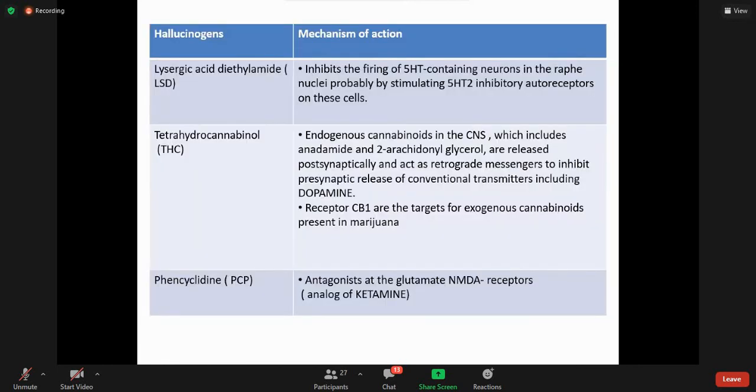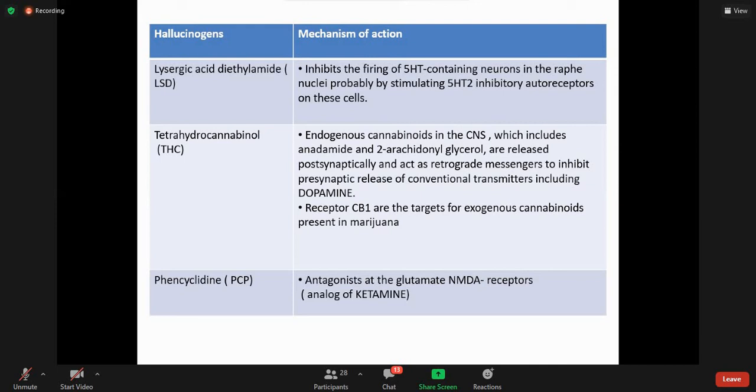So lysergic acid diethylamide, also called LSD, produces its activity by inhibiting the firing of 5-hydroxytryptamine containing neurons in the raphe, probably by stimulating 5-hydroxytryptamine inhibitory autoreceptors on the cells.